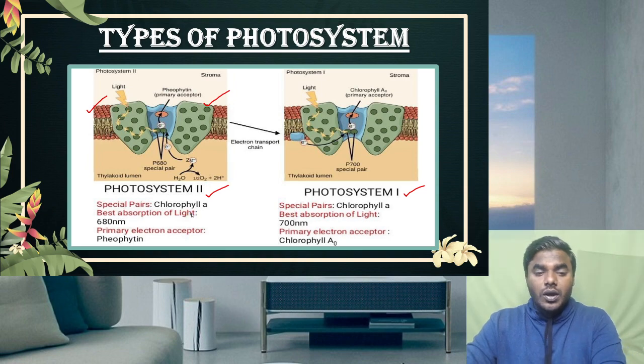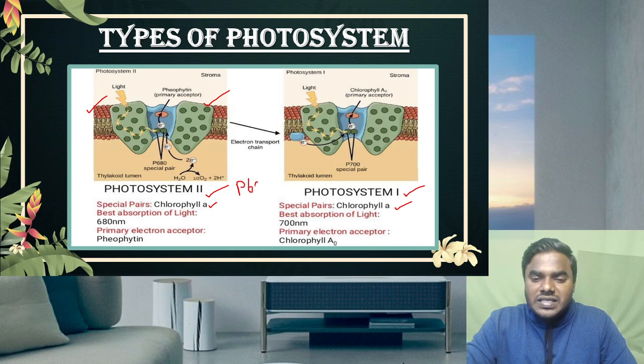Now everyone listen. What did I tell you about this core pigment? Whether it is photosystem 2 or photosystem 1, the core pigment is always chlorophyll A only. And then why are we calling it P680? And friends, why are we calling it P700? The point here is, what is the major core pigment?